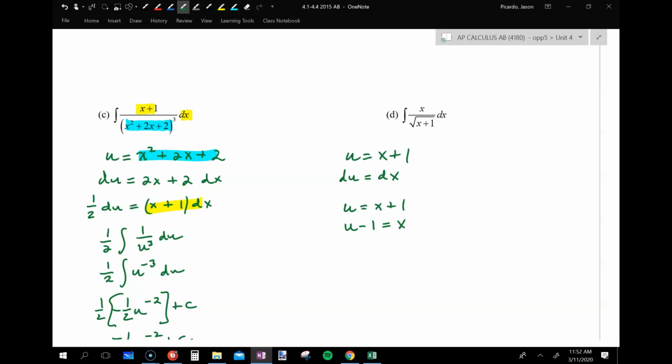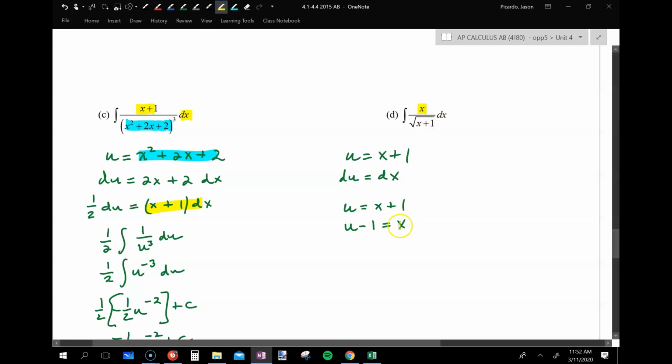So that means that I can now do what? I can substitute that on the top, right? So the top of this can be rewritten as u minus 1.